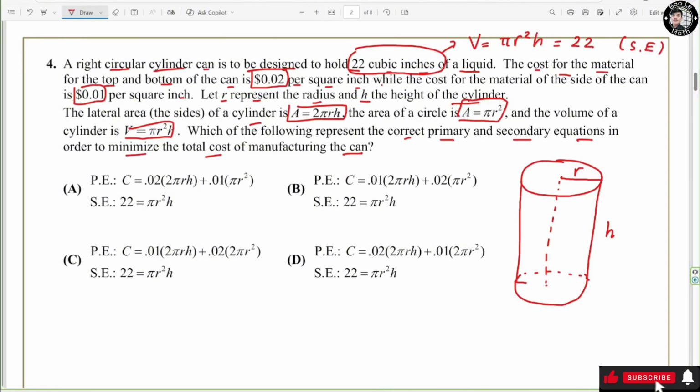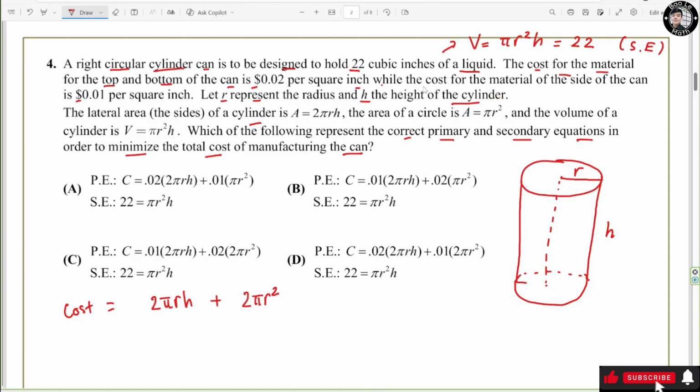Now, primary equation is what we need to find, right? The primary equation is the cost, right? The cost equals the lateral surface area, so it could be 2 pi R times H plus the area of the base, which is pi R squared, right? Since we have two bases, we need to multiply by 2. Now, the cost for the material of the side of the can is 0.01 per square inch, right?